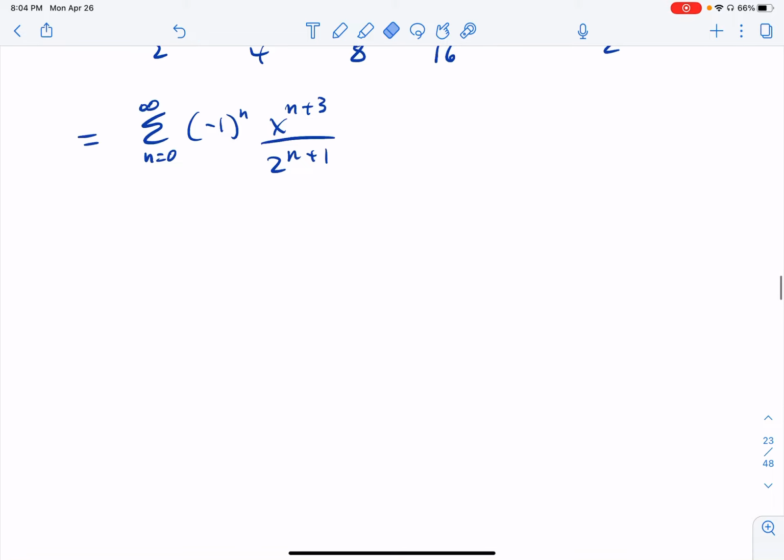All right, so when I do the ratio test, I'm going to take the limit as n goes to infinity of the absolute value, and I would have -1 to the nth everywhere there is n.